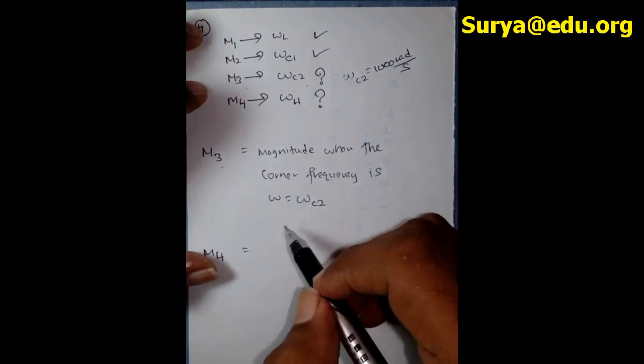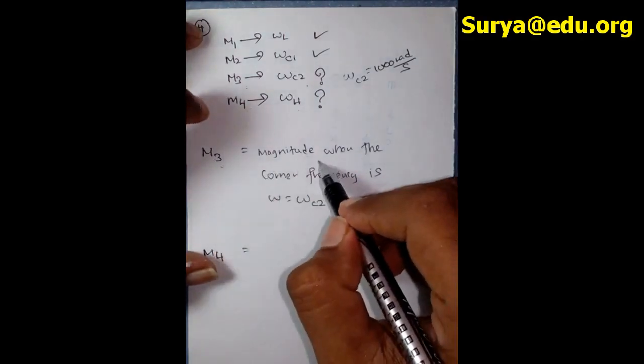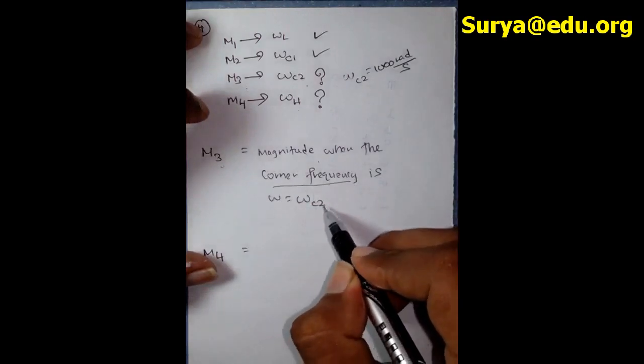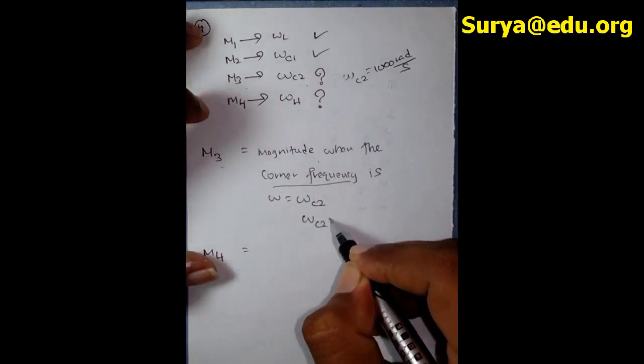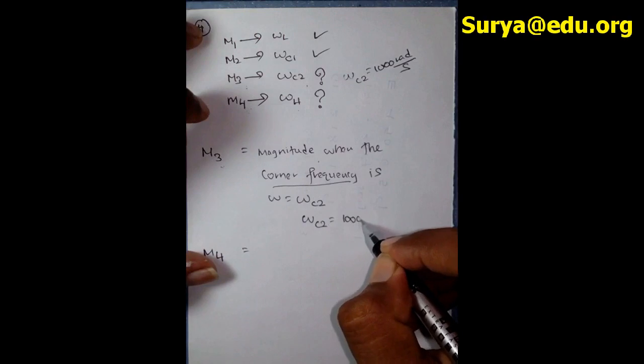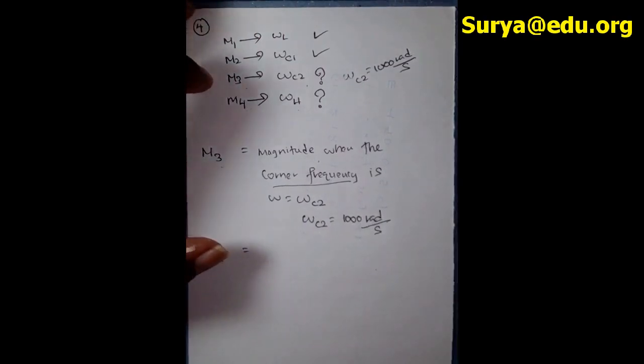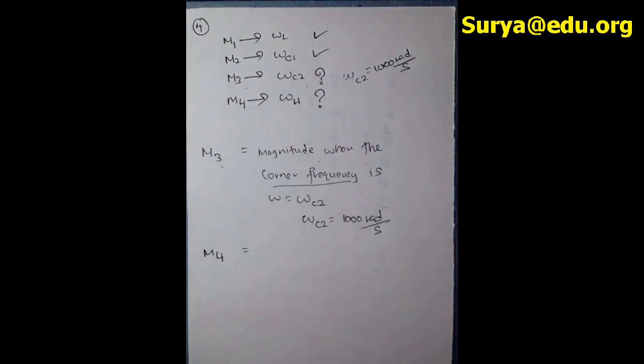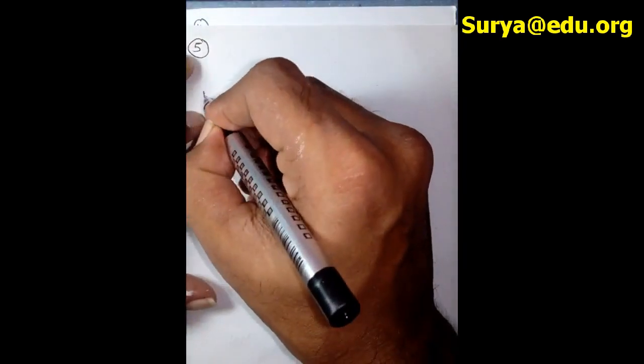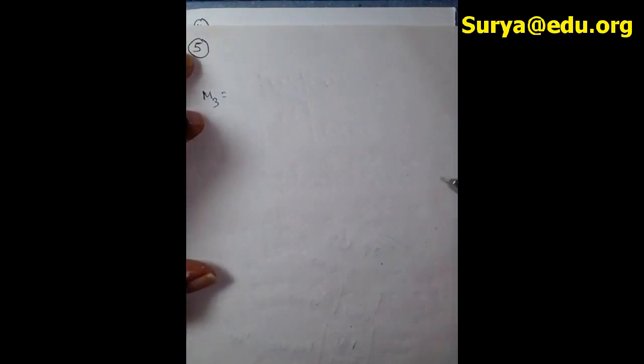We know omega c2 equals 1000 radians per second. Now let's see how to calculate that. M3 means it's a different formula. Careful.